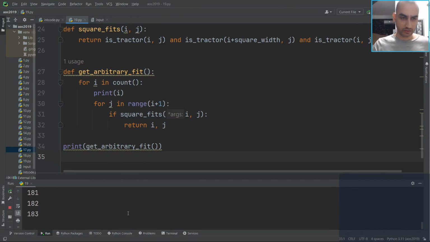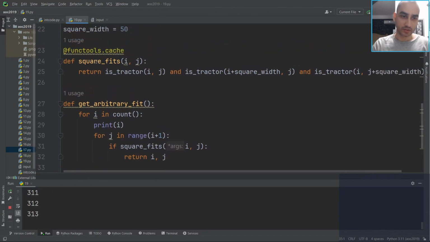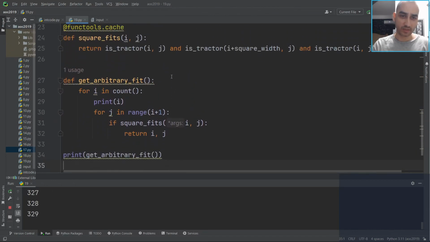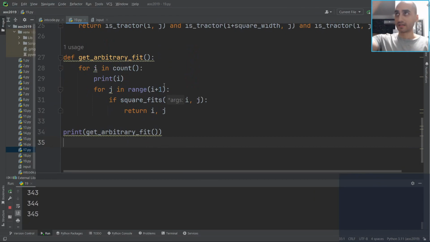So even if we're going to, well, how wide is this beam? Like if we're going to the thousands, we should find one, right? So now it's slowing down a bit because it's wasting time trying all those previous values. You could write this in a snake-like way that would not keep reusing values, but I'm too lazy to do that. Let's try.